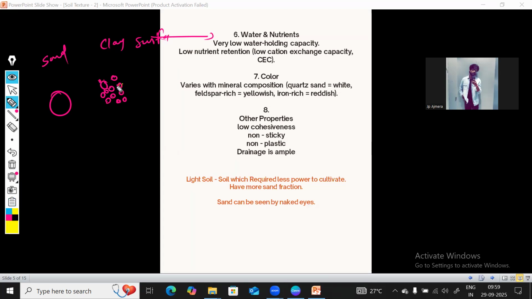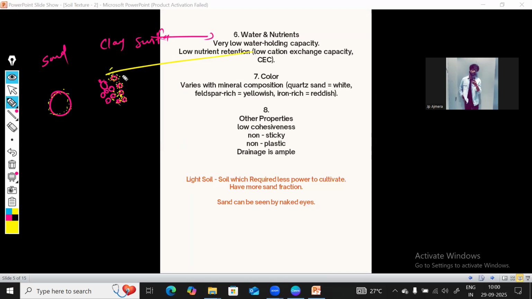Every particle surface holds lots of nutrients, and water too. Only the surface area can hold nutrients and water, so the maximum surface area can retain the maximum nutrients and water.